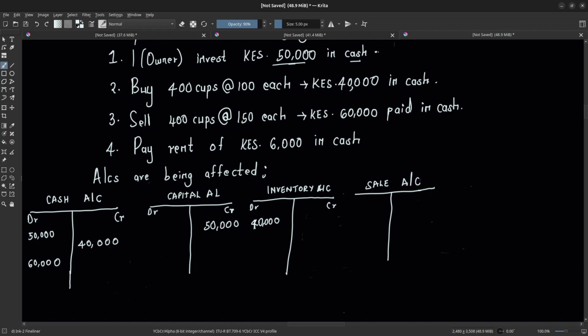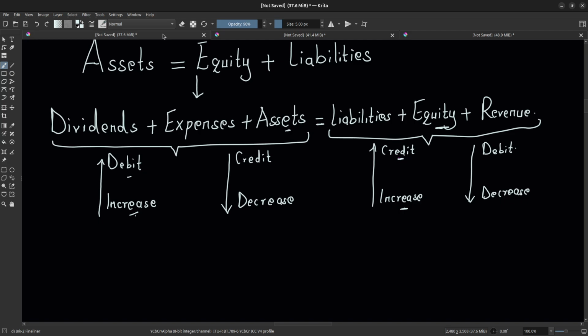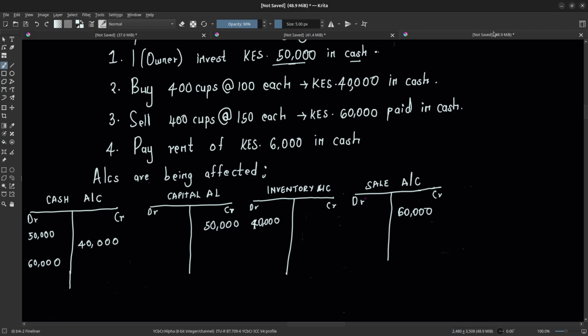So you need to credit 60,000 to recognize an increase in your revenue account. If you refer to the equation we expanded, you're going to realize that for a revenue account, what do you do to increase it? You credit. And with that you've recorded the double entry where you've debited cash and credited sales.